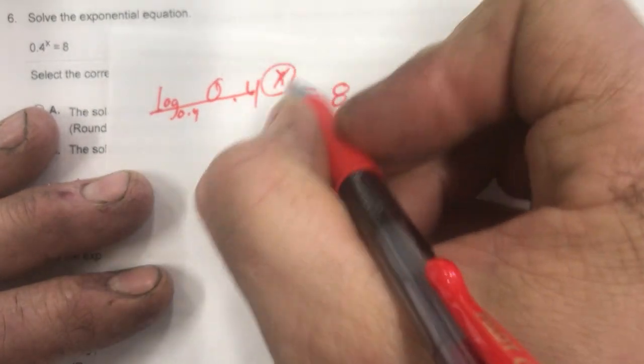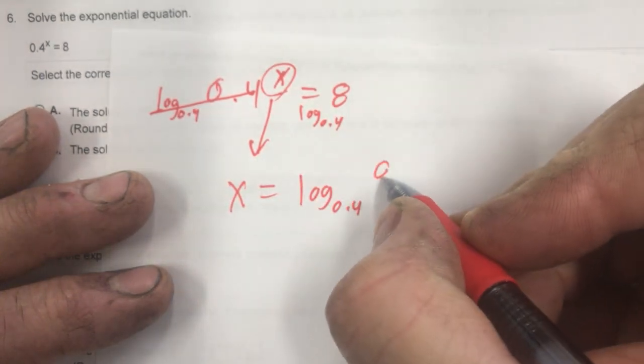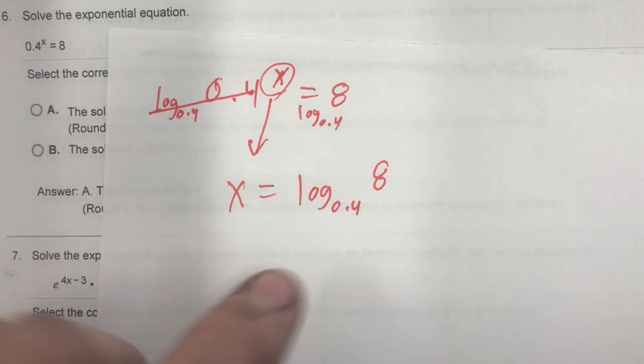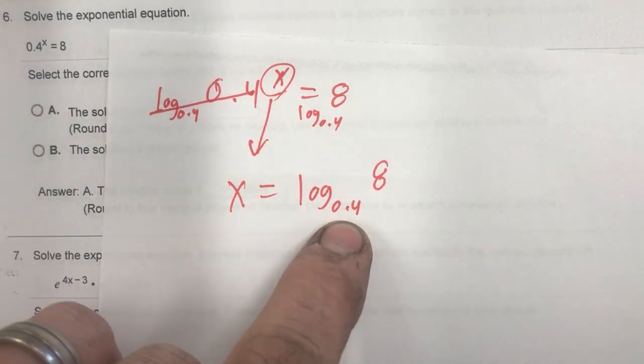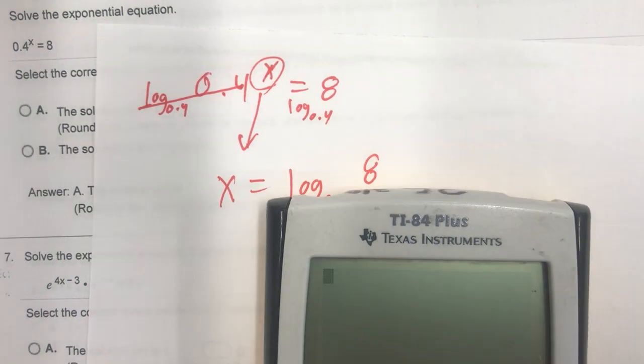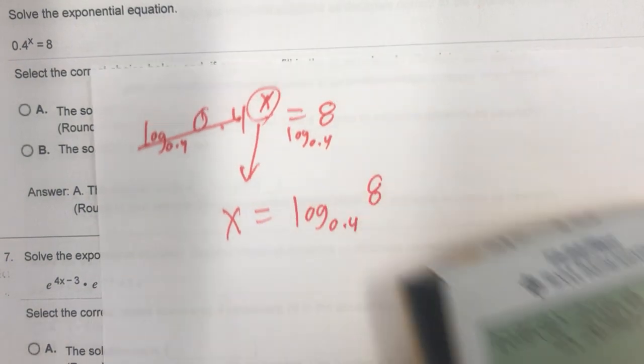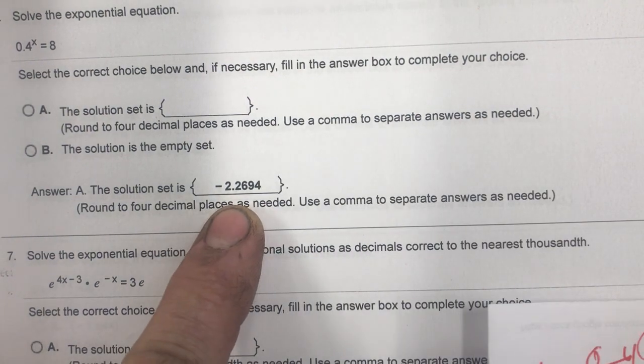This cancels, so I have my x equals log base 0.4 of 8. So log 8 divided by log of 0.4. And there you go, negative 2.26, which looks like that's what they got.